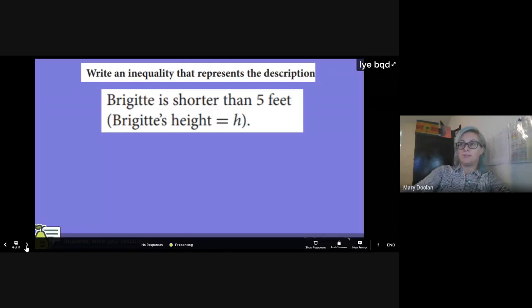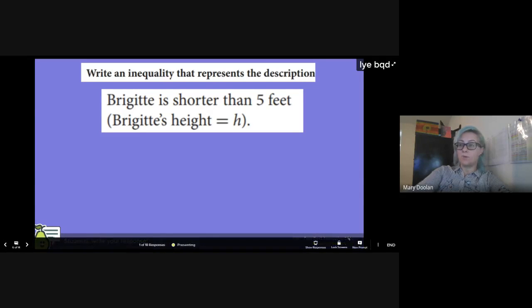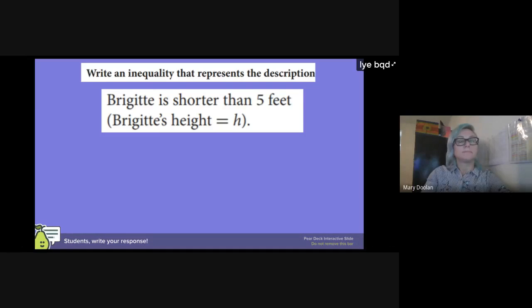This is your turn now. Write an inequality that represents the description. Bridget is shorter than 5 feet. Bridget's height is the variable h. What will that look like? And you do have the inequality symbols to type with.